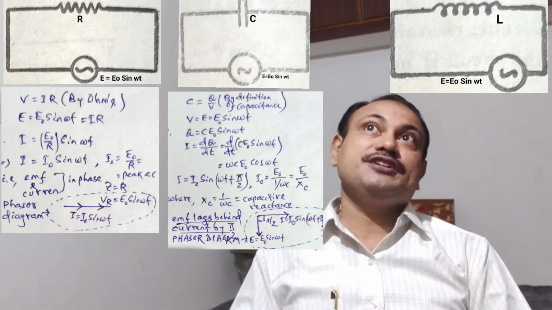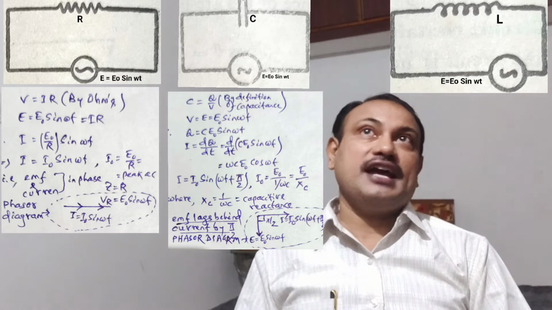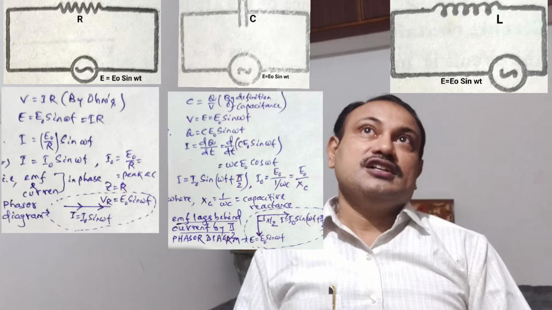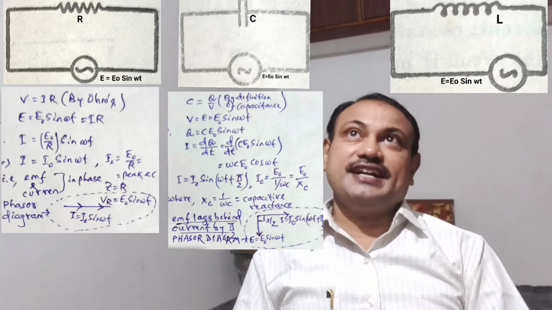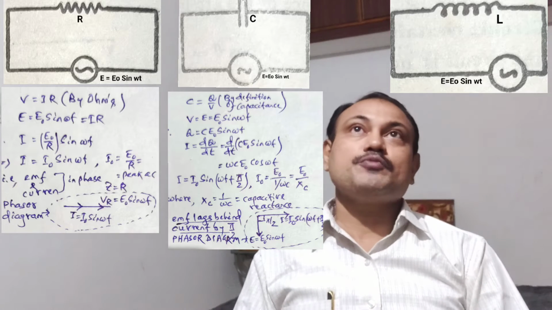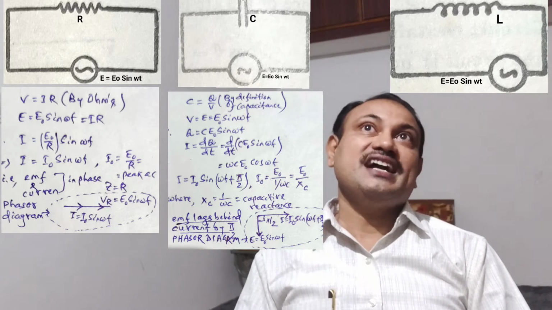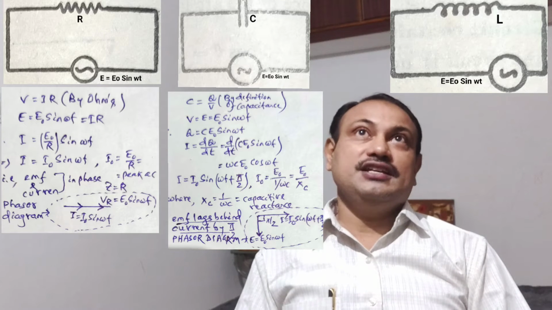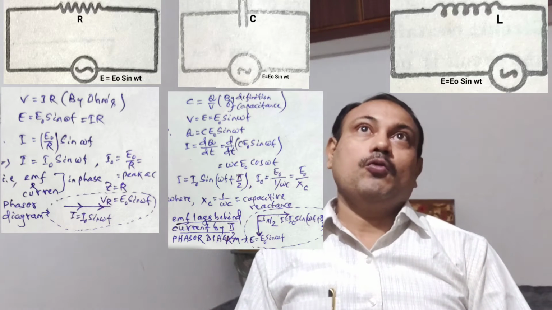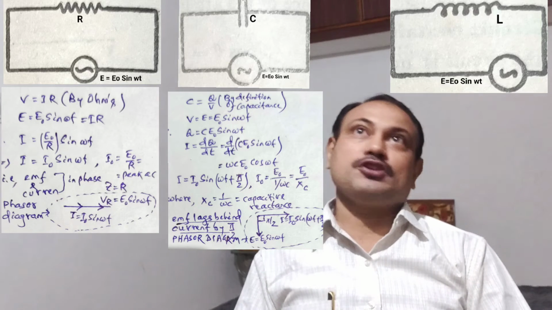So, therefore, I equal to dq by dt, which is equal to d by dt of C times E0 sin omega t. So, therefore, C times E0 being constant taken outside, the derivative of sin omega t is omega times cos omega t. So, therefore, your I is equal to omega times C times E0 times sin omega t plus pi by 2, because you can write cos omega t equal to sin omega t plus pi by 2.